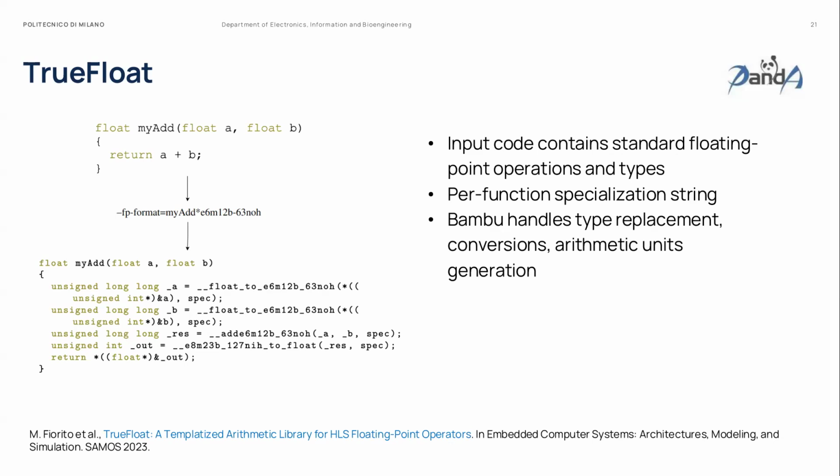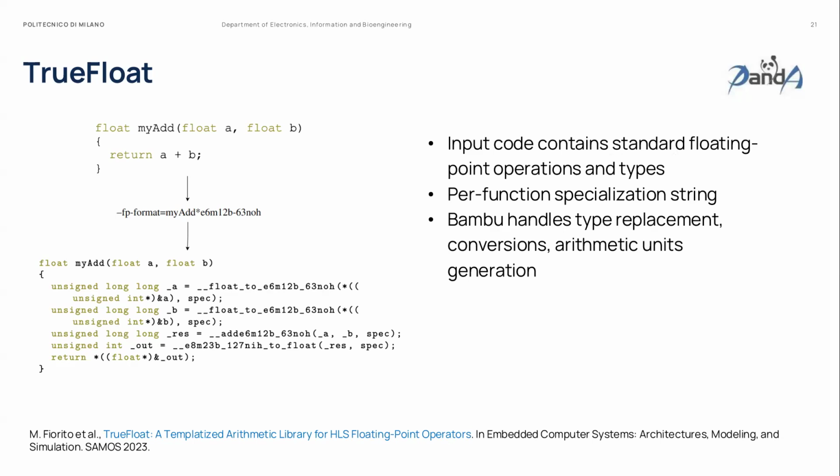So you just take your input floating point function, add a command line option that says I want 6 bits on the exponent, 12 bits on the mantissa, a bias of minus 63, and then the specialization string.